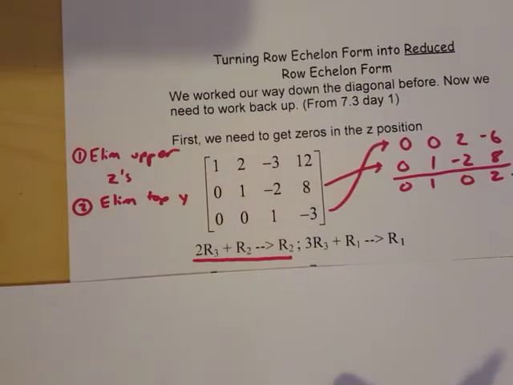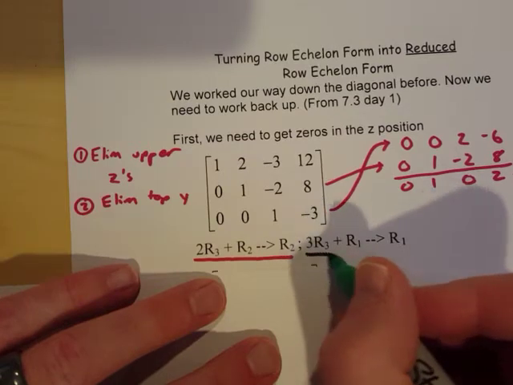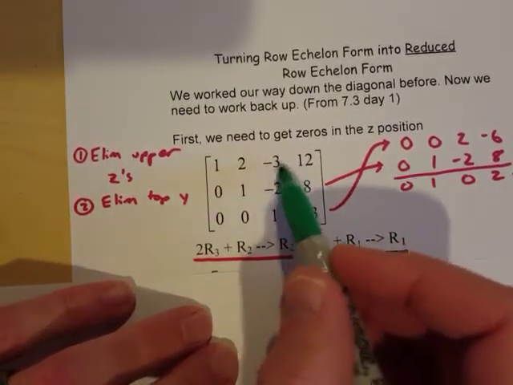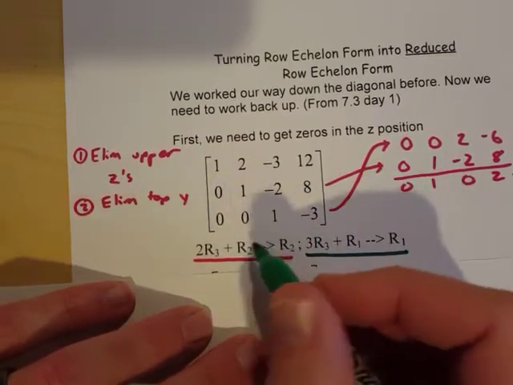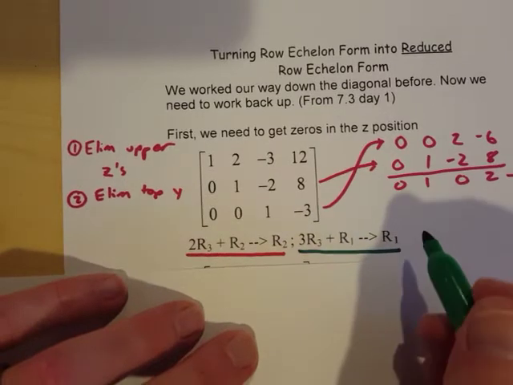I'm going to do a similar thing with the other one. Just do both of these at the same time so that we don't have to rewrite the steps so many times. Now I'm also going to eliminate the -3 from the first row. So I'm going to do 3 times row 3 plus row 1 is a new row 1.